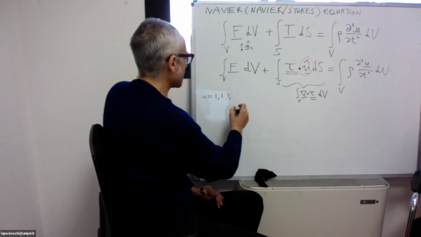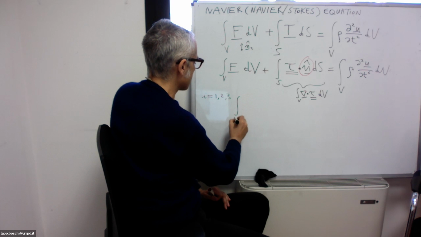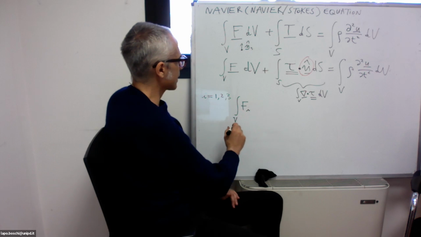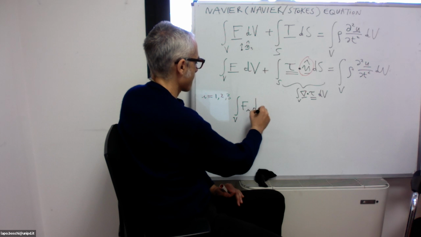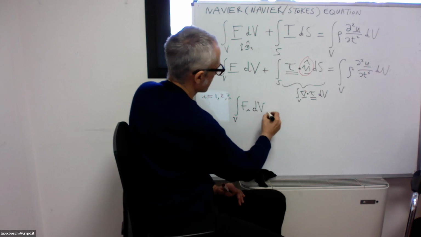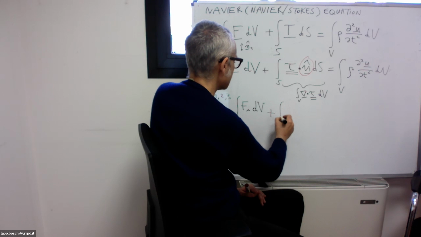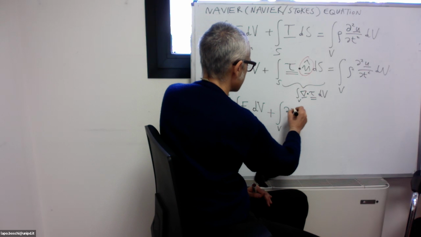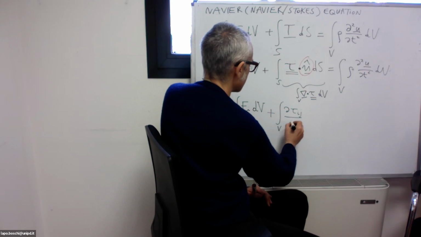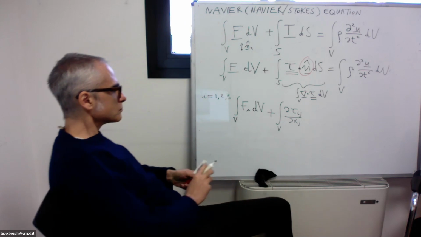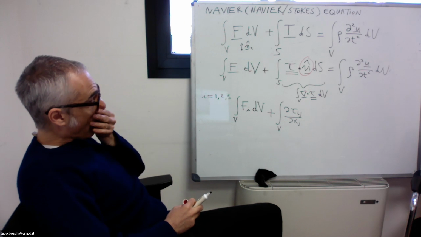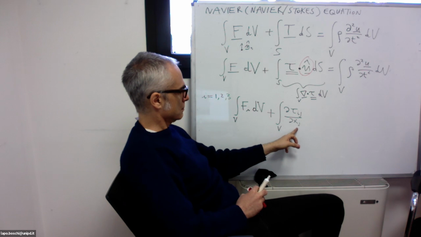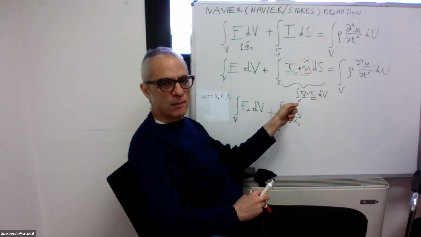And for each component, I can write the following: the integral over V of the ith component of F, the volume force, plus, again, the integral over V, and this is tricky, the derivative with respect to j of the ij component of tau.